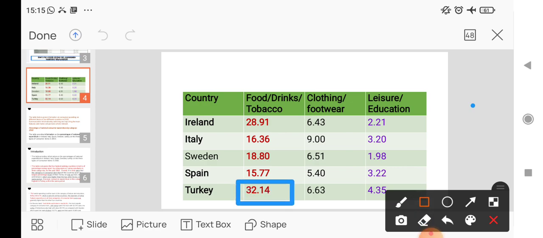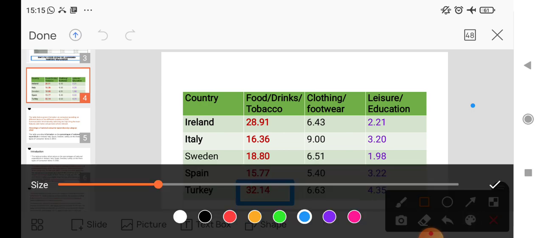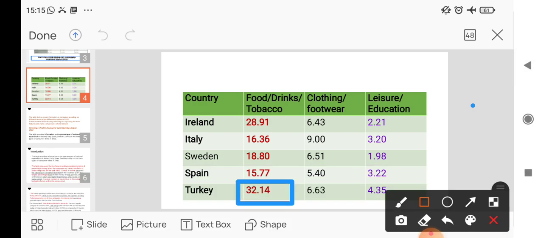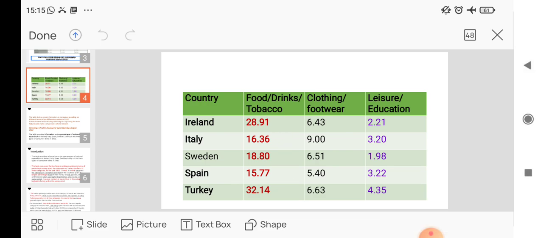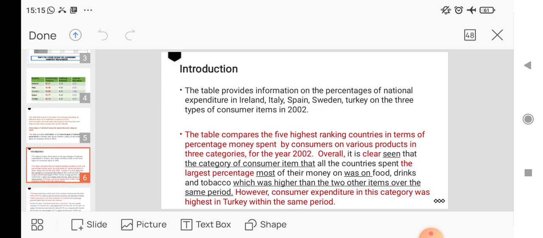You see that there you have 32.14%, the highest percentage, compared to the others who just spent less than 30%. So that's why you have here that, however, consumer expenditure in this category was highest in Turkey within the same period, that's within the year.